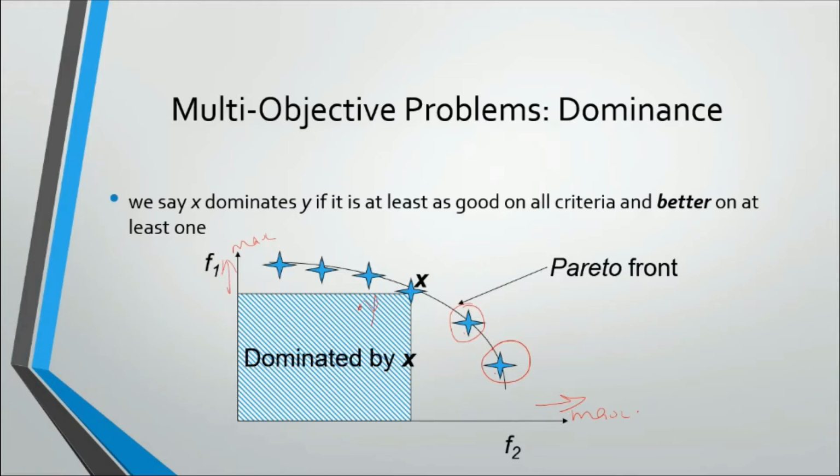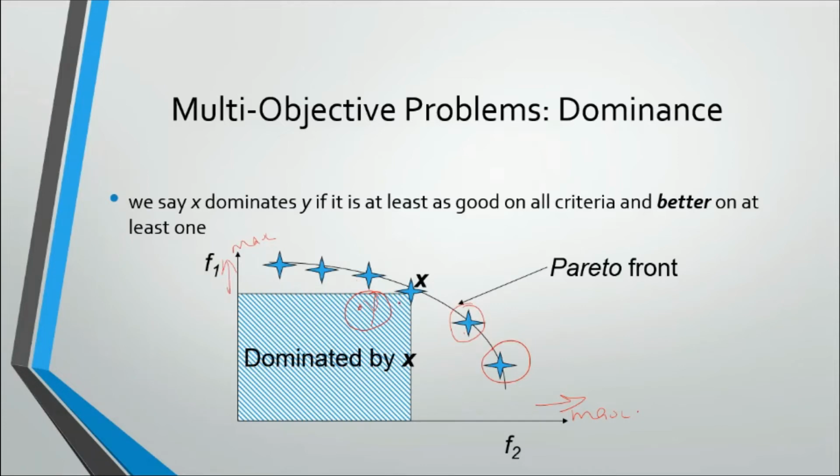So if we consider a solution somewhere here, then x is better both in terms of f2 as well as f1. If we consider x as this one and y as this solution, x is better than y in both objective functions. In the case of f2, x is better. In the case of f1, x is better.